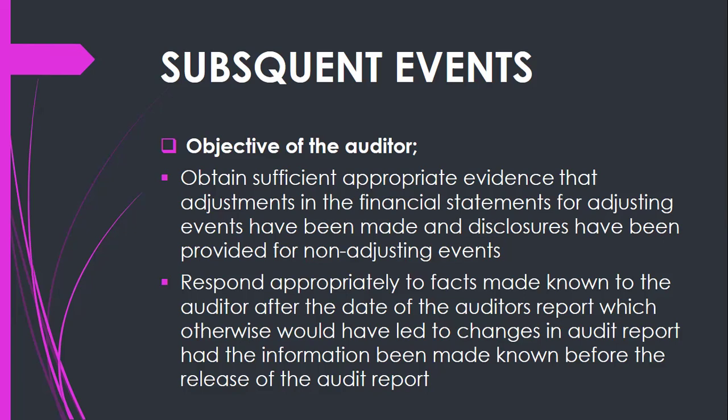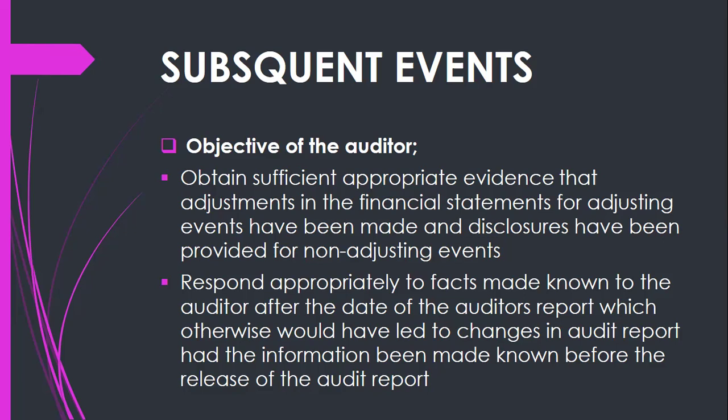So the auditor has got two objectives with respect to subsequent events. So the first is to obtain sufficient appropriate evidence that adjustments have been made with respect to adjusting events, right? And disclosures have been provided with respect to non-adjusting events.